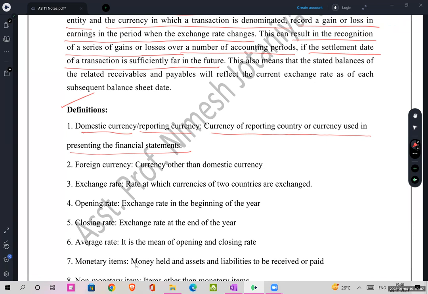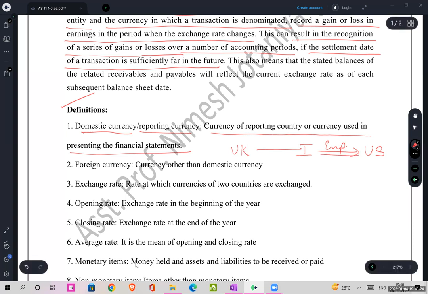As I said, this is India. I am exporting goods, say to the US, and importing goods from the UK. When I am exporting goods to the US, I am doing sales.